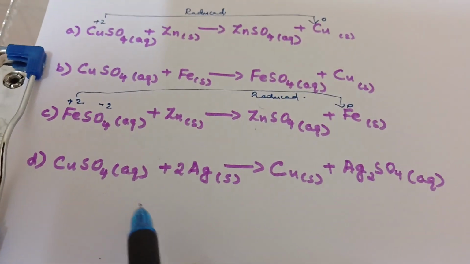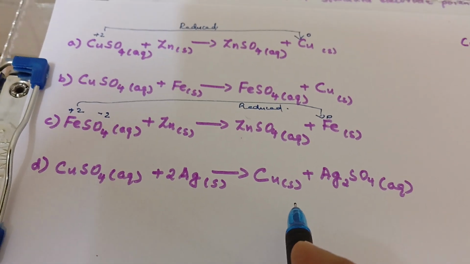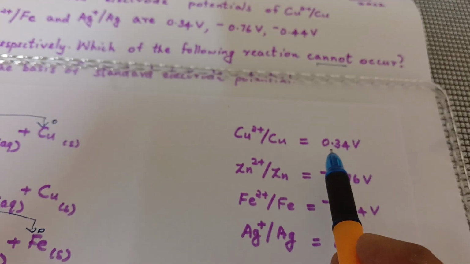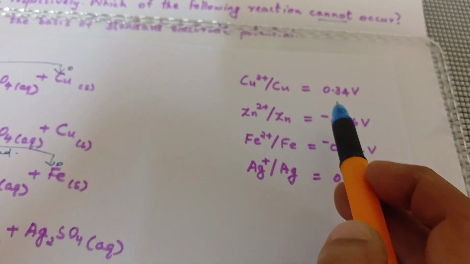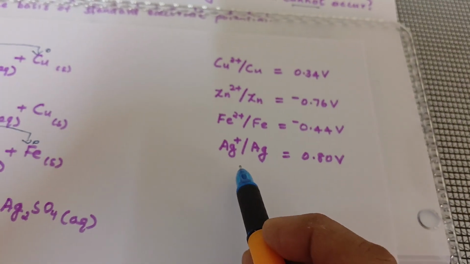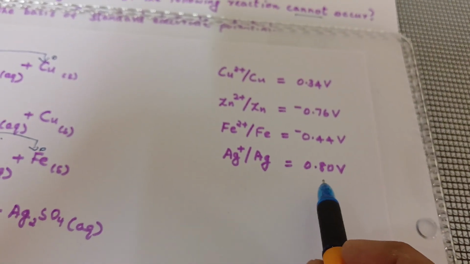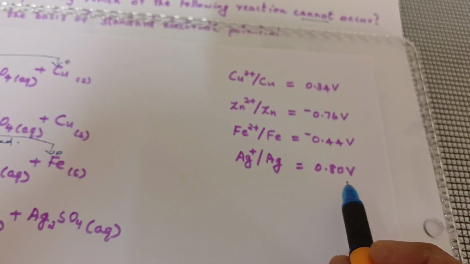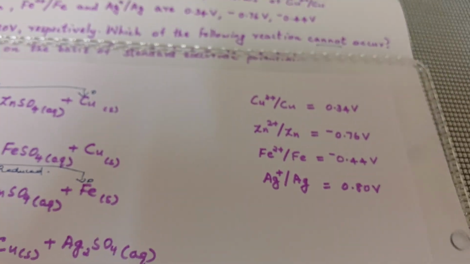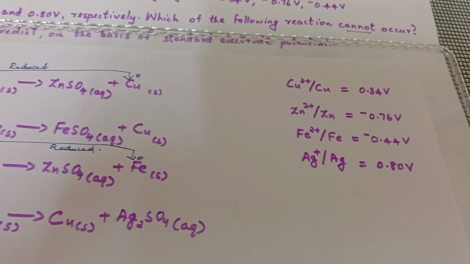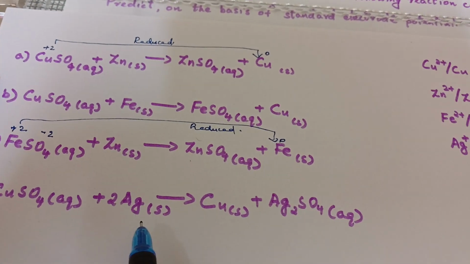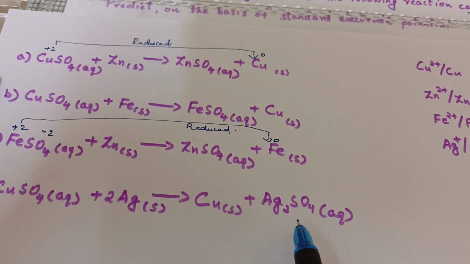Now let us look at copper sulfate and Ag. Here we can see copper is having 0.34 volt reduction potential and Ag+|Ag is having 0.80 volt. So Ag, that is silver, should be getting reduced. Is that happening here? No. Silver is getting oxidized.